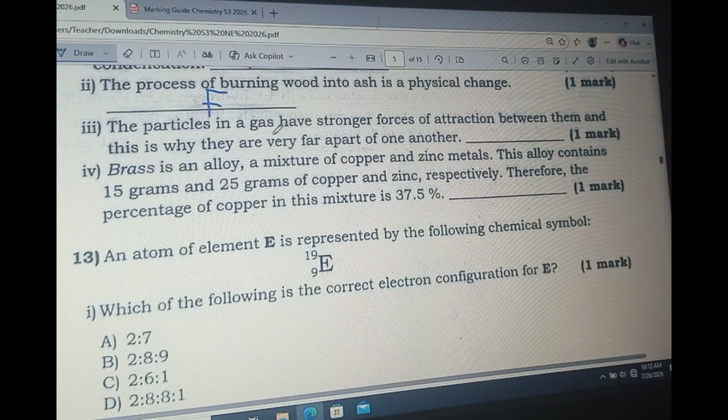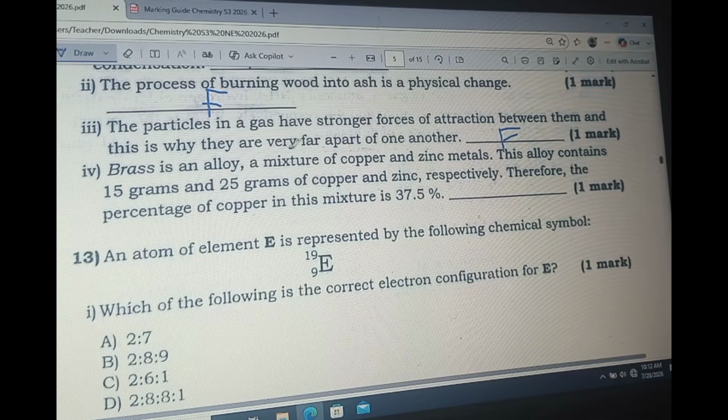III. The particles in a gas have a strong force of attraction between them. This is why they are very far apart from one another. This is false, because if we have a strong force of attraction between them, they are close together, not very far apart. The gas has a very weak force of attraction between them.